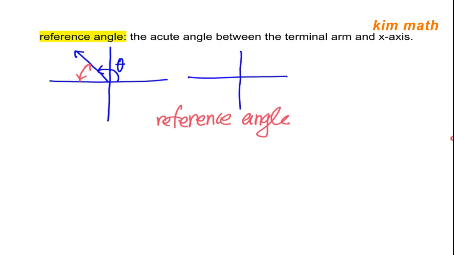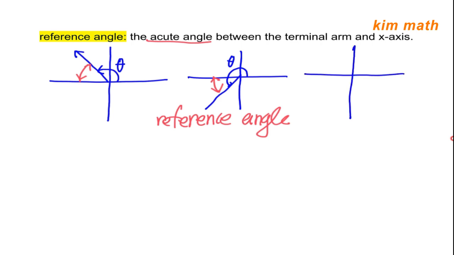If your angle is in the third quadrant, if this is your angle theta, then what is the reference angle? Reference angle is always greater than 0 and less than 90. Okay, acute angle here. And one more.